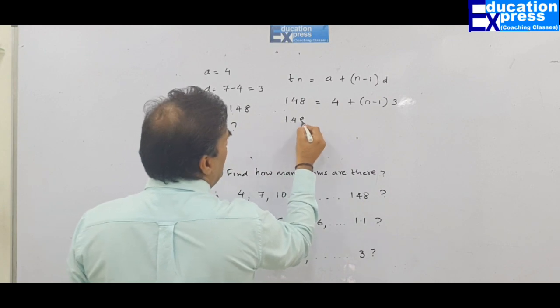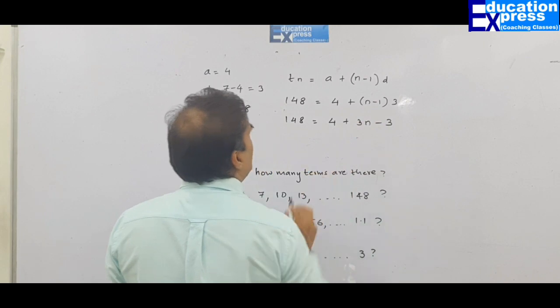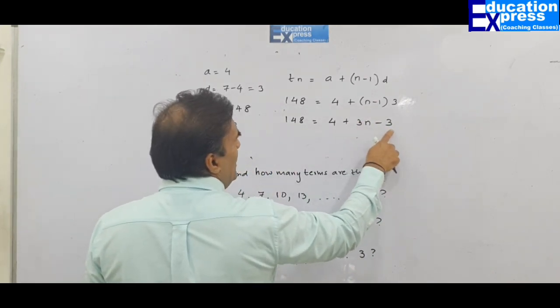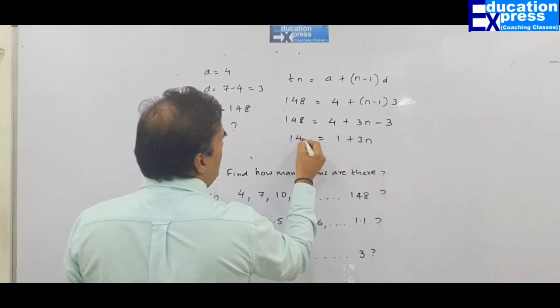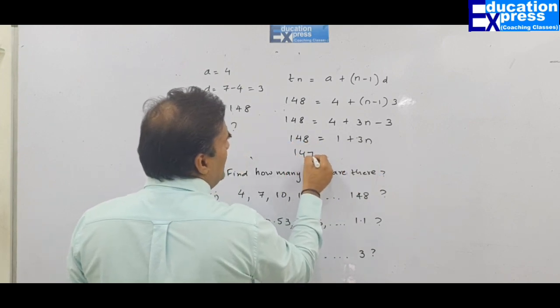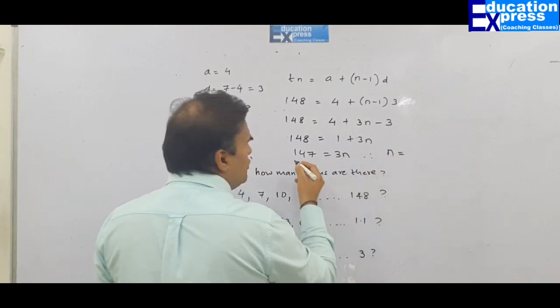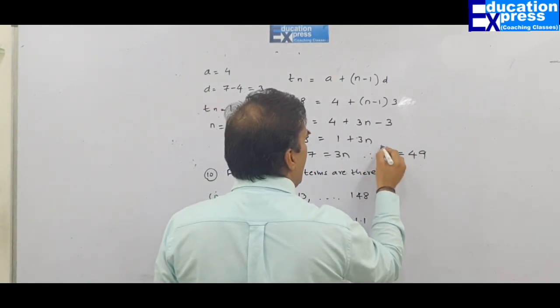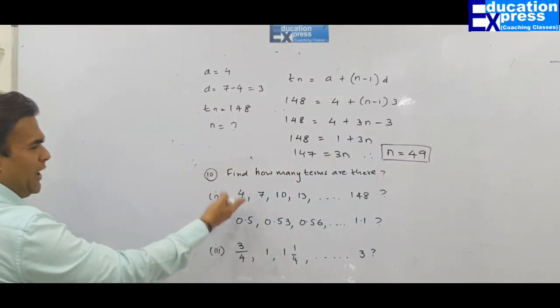So 148 equals 4 plus 3n minus 3. 4 minus 3 is 1, 1 plus 3n equals 148, so 147 equals 3n. Therefore, n equals 49. Such a simple question. We can find it for any of these.